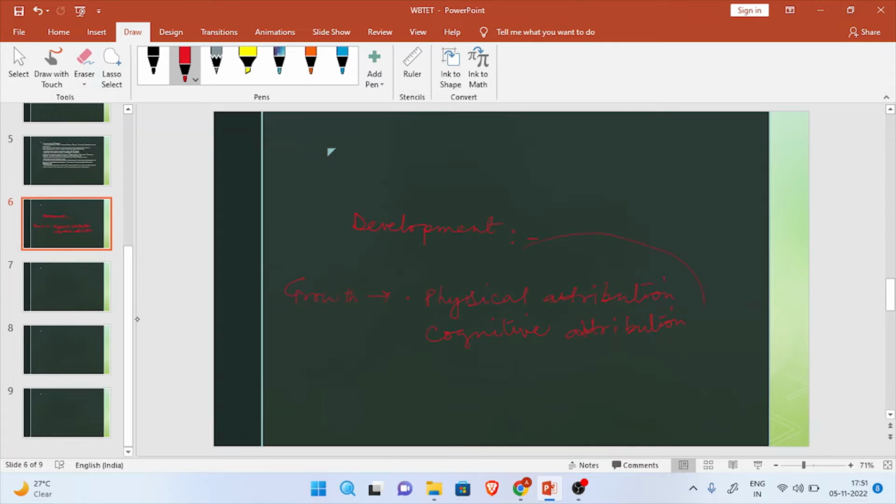But development includes all of this. So under development, there is growth, and growth signifies physical attribution and cognitive attribution too.